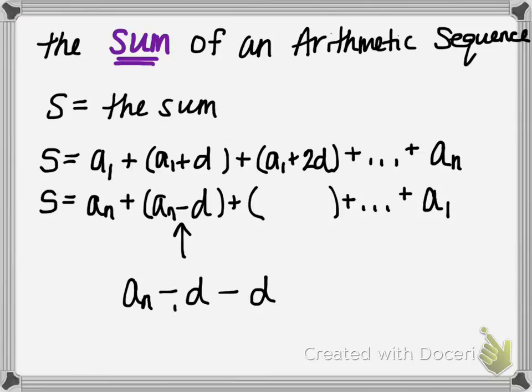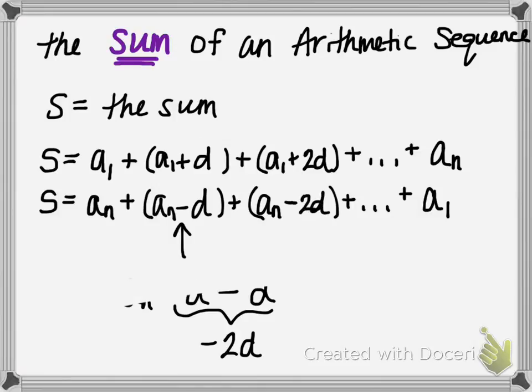A sub n minus d minus d is really a sub n minus 2d. And we'll continue doing that on and on until eventually we've worked our way back to the beginning of the sequence at a sub 1.